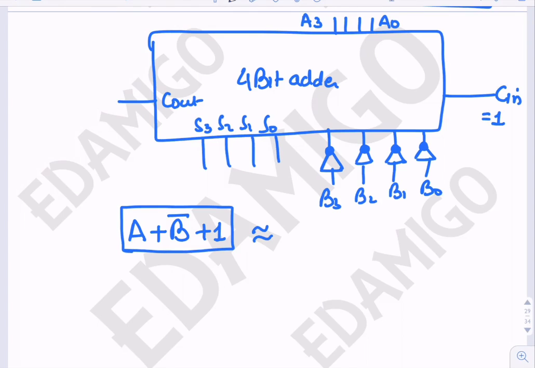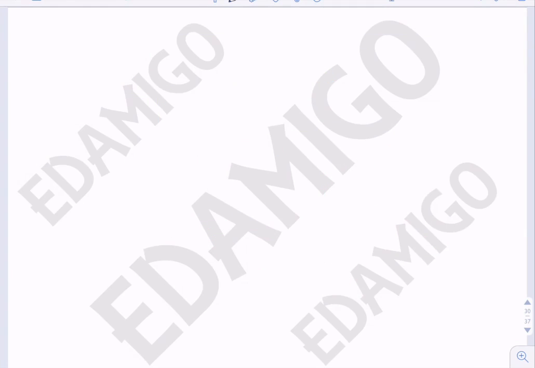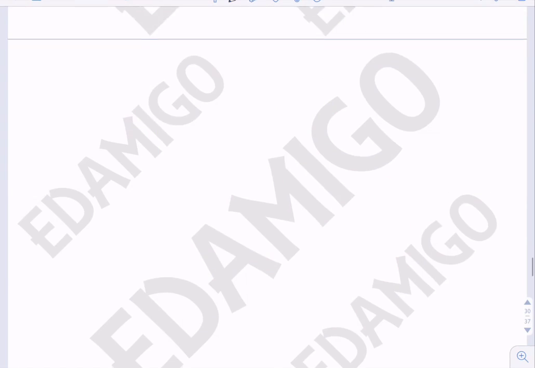That is equivalent to, since B complement plus 1 is 2's complement of B, A plus 2's complement of B, that is equal to A minus B in the digital format. Is it clear?